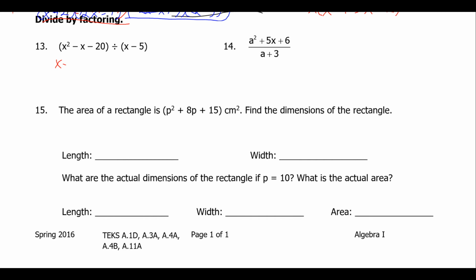So we're going to go x minus 5 into x squared minus x minus 20. Okay, x goes into x squared, x times x is x squared minus 5x. Let's see, subtract the 2. That's going to be 4x. Bring down the negative 20.